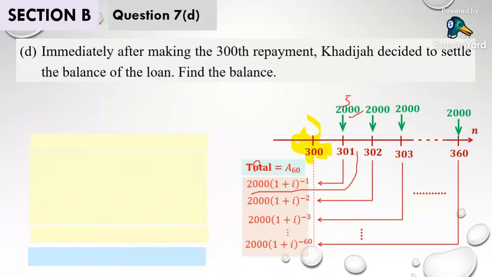Okay, of course, I don't expect all of you can really understand the timeline here for the calculation, but at least I want you to remember one thing. When you read the questions and you want to use the AN formula, make sure the N you use for the AN formula refers to the repayment in the future. Contohnya, kalau you ada 60 bayaran tak terbayar lagi, 60 bayaran ini mestilah bayaran pada masa depan punya. So, baru boleh ambil A60.